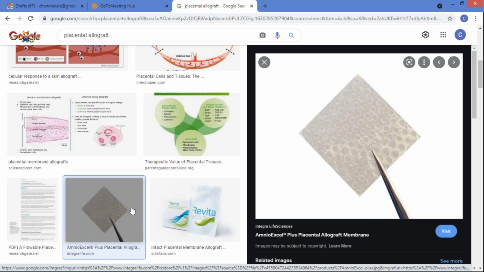Let's say when you have a deep cut on your skin, on your hand, usually we go for stitches. But this Revita will help you to avoid stitches. Without stitches, if you just patch this over the wound, it will be healed.